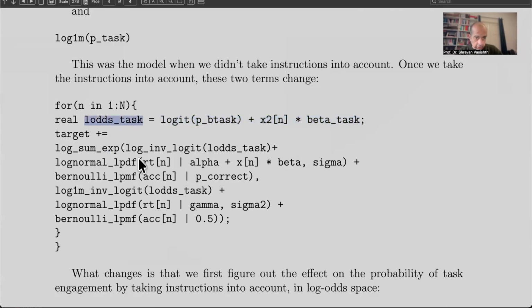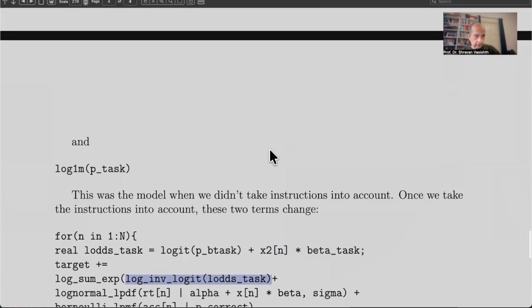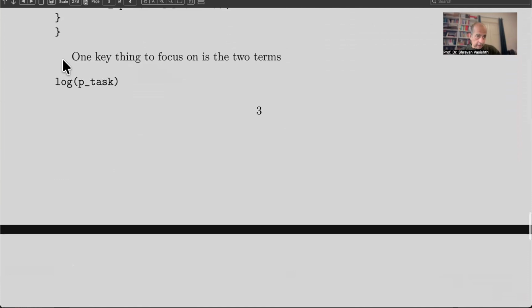This log odds term is fed into the inverse logit function and converted to logs with the log_inv_logit function in Stan. So that's one change. This replaces the simpler statement we had earlier.